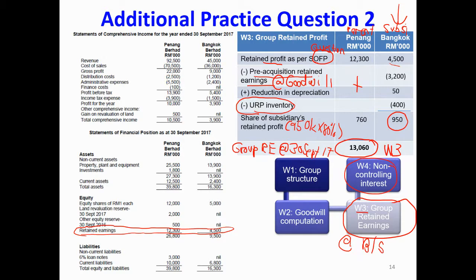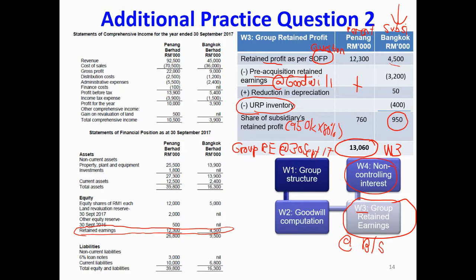Okay, can you all understand when I explained earlier how you get your group retained earnings? Okay, good. Xiuman, Yiwen. The rest of the students, are you all clear about retained earnings or retained profit? Okay, Alvin, Kang Wei, okay, thumbs up.